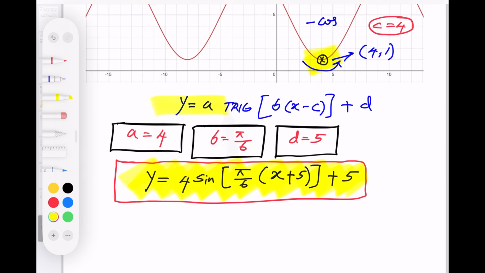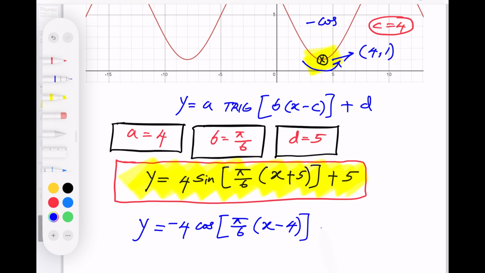Once again, here's the generic equation. We are going to write down the equation this way. y equals a, which is equal to 4. The trig function is a negative cosine function. Therefore, I will write down the negative symbol right here, cosine, open brackets, b equals pi over 6, open parenthesis, x minus c, where c is equal to 4, close parenthesis, close brackets, plus d. d is equal to 5.